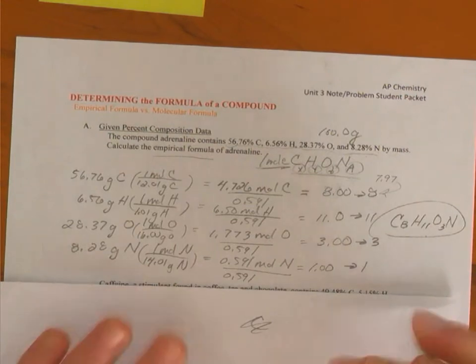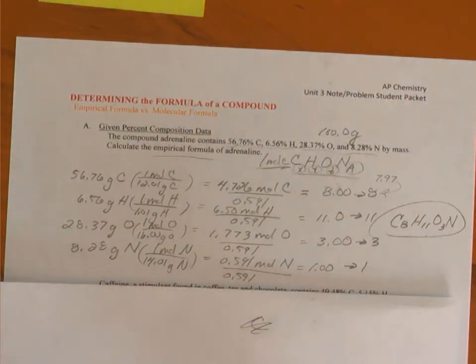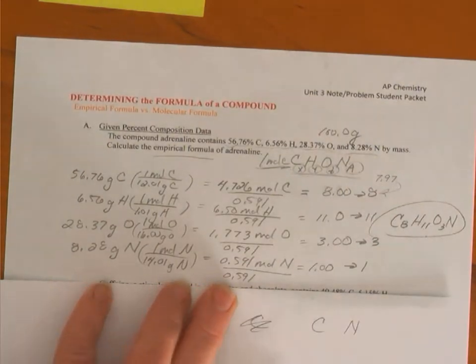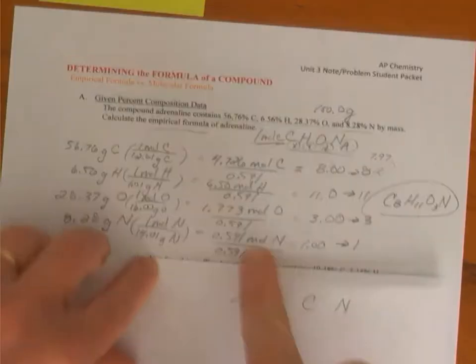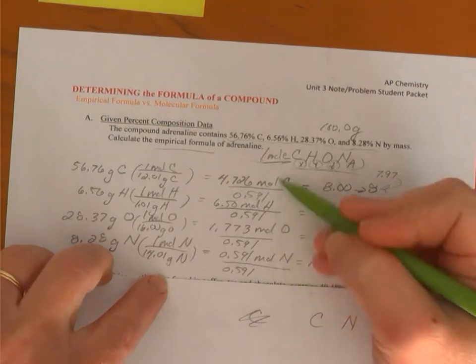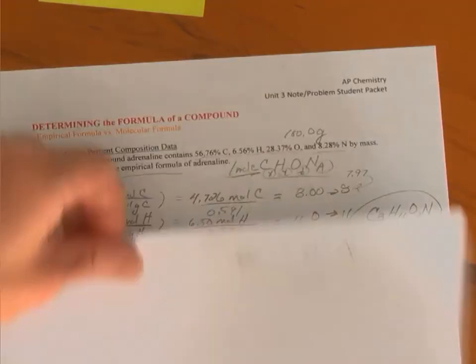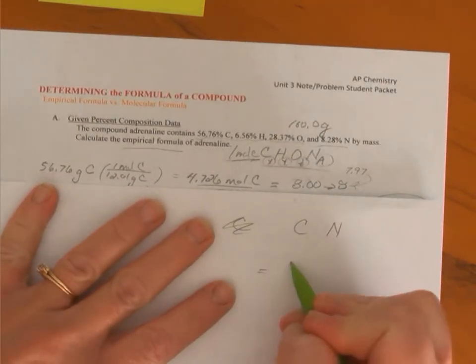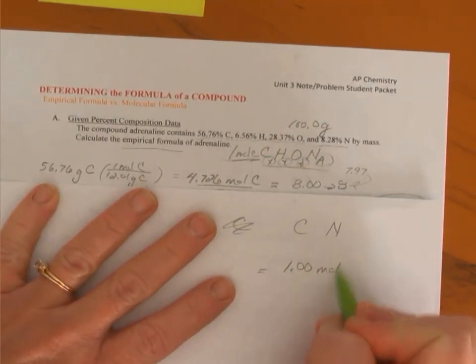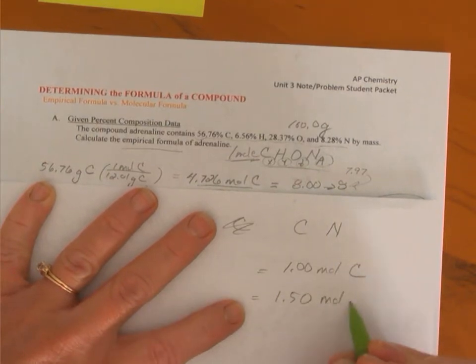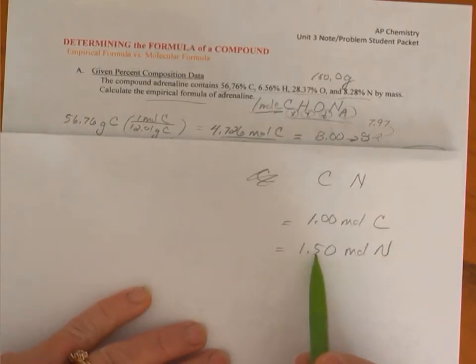No, I'm just going to give us just a thought example. So let's do carbon and nitrogen. What if, whenever you got to this point, you divided by your smallest amount of moles and you ended up with 1 mole of carbon, but then 1.50 moles of nitrogen, or 1.48 up to 1.52?